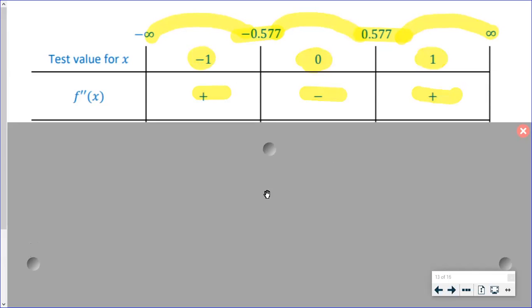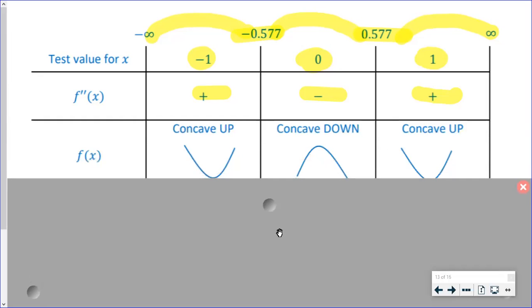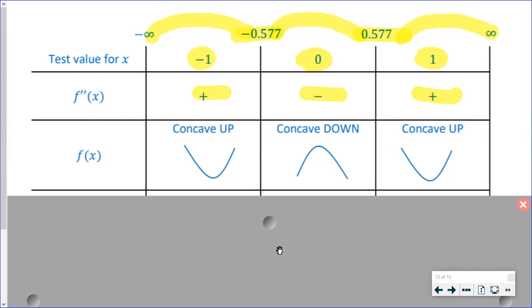Positive sign, so when the second derivative is greater than 0, that indicates that the graph is concave up. Now, it's possible in the sign table to go from concave up to concave up and concave down to concave down. But in those cases, we would not have a point of inflection.